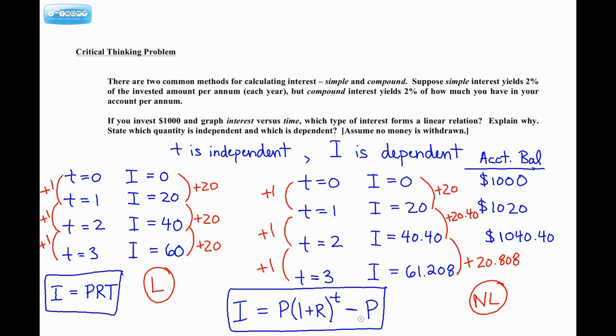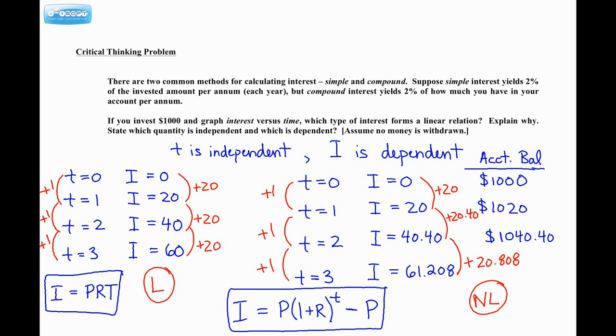You're welcome to use your calculator and experiment, play with numbers. So let's verify that this is correct using time equals 3. Let's see if we actually get an interest of $61.208. So I'm going to work out these brackets first. 1 plus 0.02 is just 1.02. Now I need to raise that to the power of 3 before I multiply by my principal.